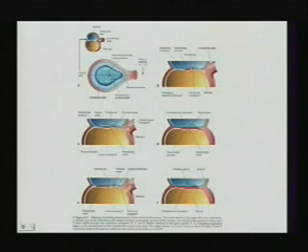We see the primitive pit in the primitive node with the primitive streak back here. We now see that a cloacal membrane is identified. So, again, we established with the precordal plate and the primitive streak, pit, and node, rostral toward the head and caudal toward the tail.